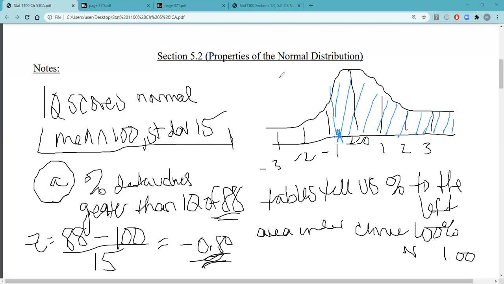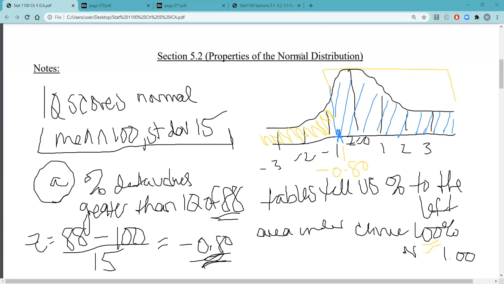So we can see what percentage lies to the left of negative 0.80. And then we can subtract that from our total to see what lies to the right.